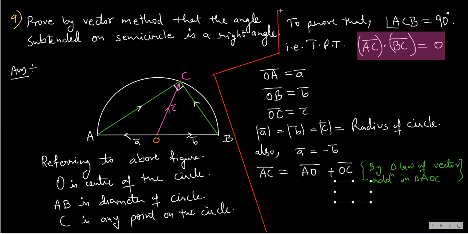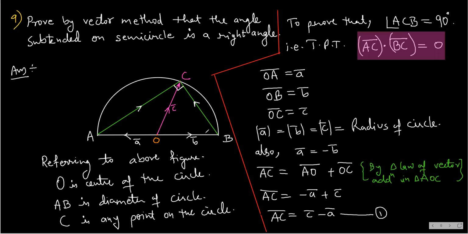In AC bar, now I will substitute AO bar. OA bar was A bar, so AO bar will be negative A bar. So I got AC bar as C bar minus A bar.